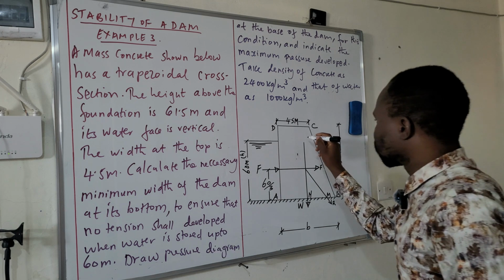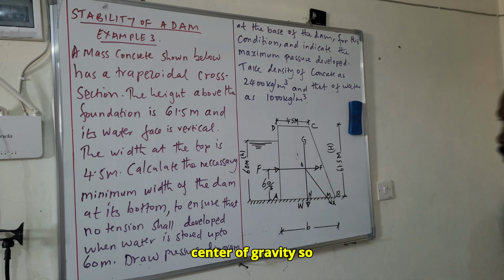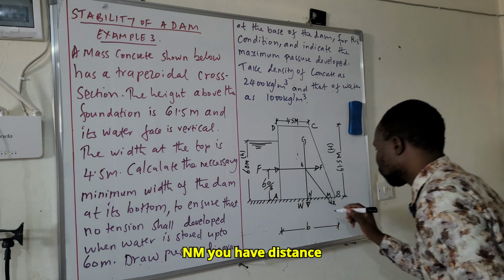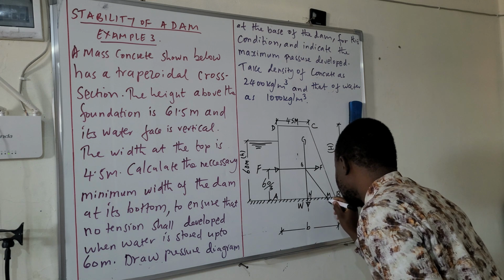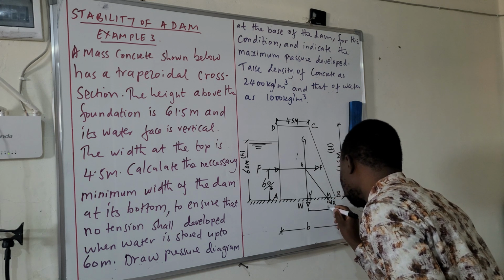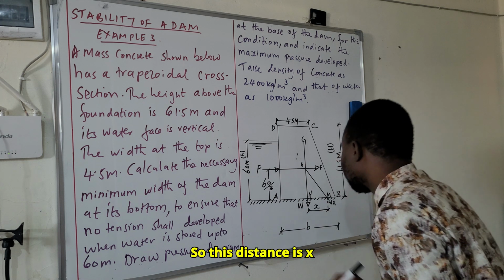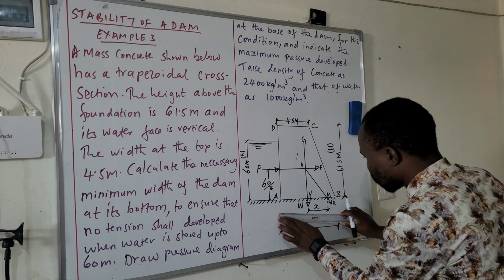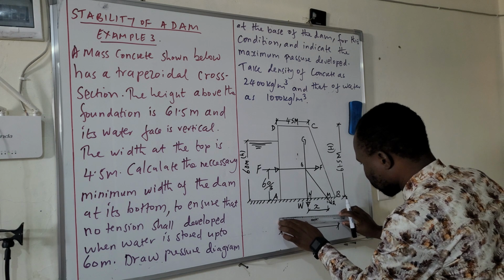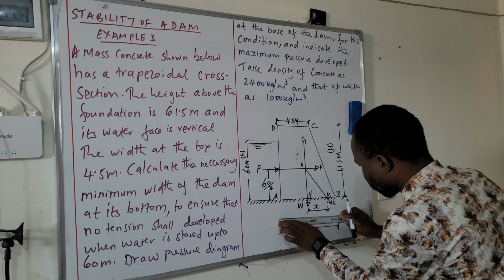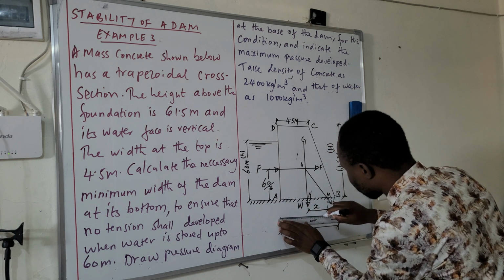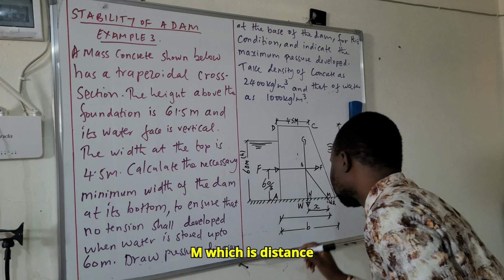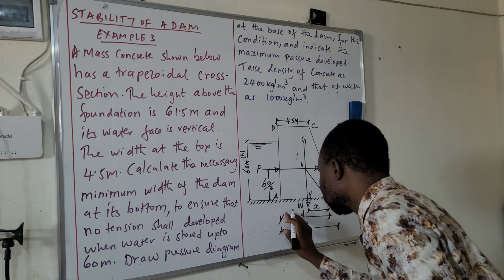So this is the center of gravity. We have this distance NM, which is x, and we have another distance AM, which is distance d.